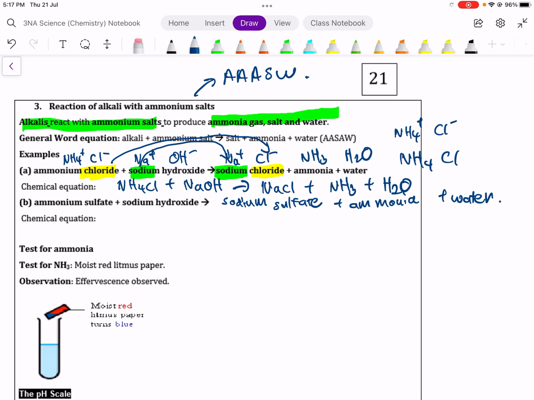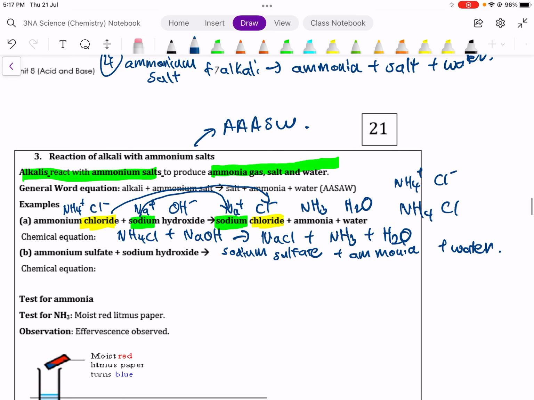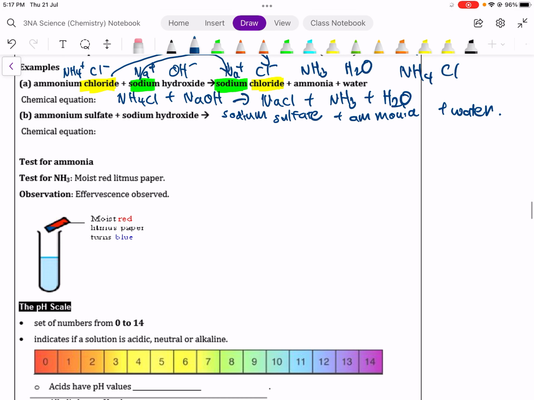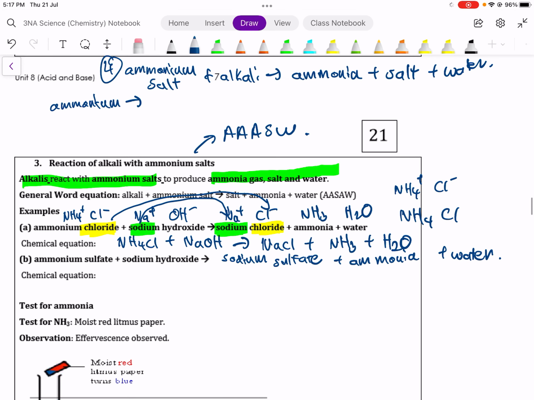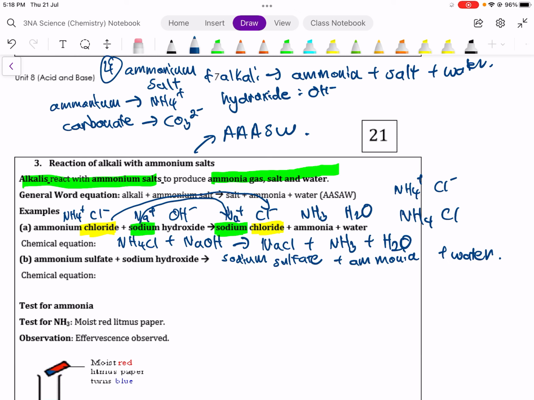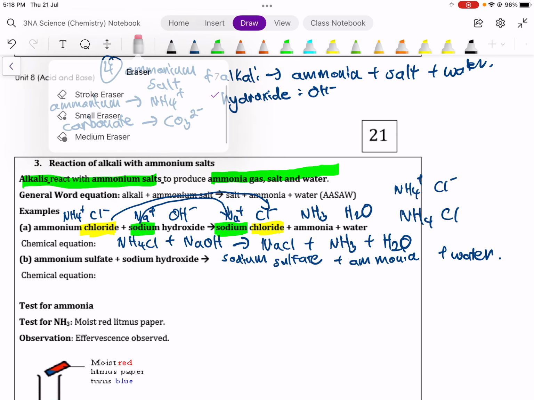Okay, chemical equation. Once again, you need your 5 best friends. Ammonium is NH4+, carbonate is CO3 2-, hydroxide is OH-.